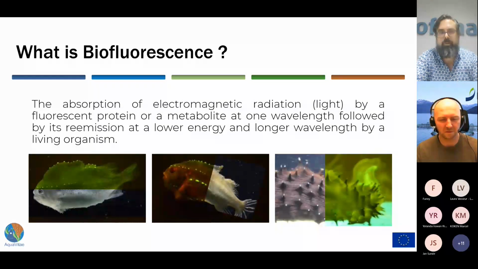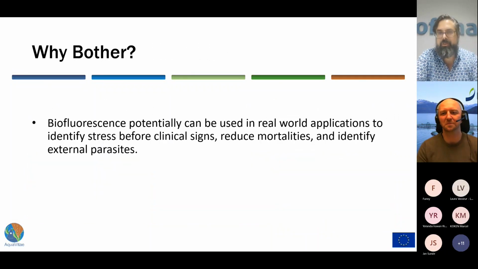Now, why bother with biofluorescence? Biofluorescence potentially can be used in real-world applications to identify stress before clinical signs, reduce mortalities, and identify external parasites. So this is something that I believe can be used to identify what's going on in animals well before crisis points or the peak of the stress curve occurs.